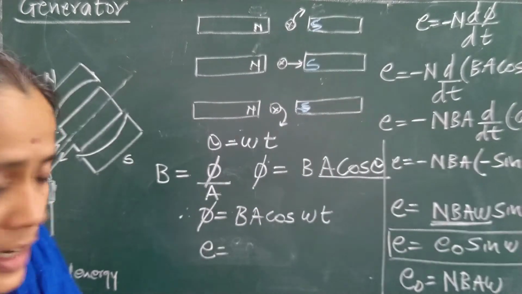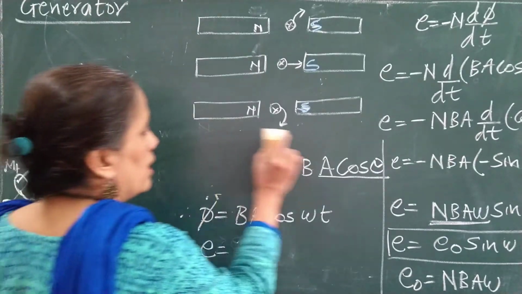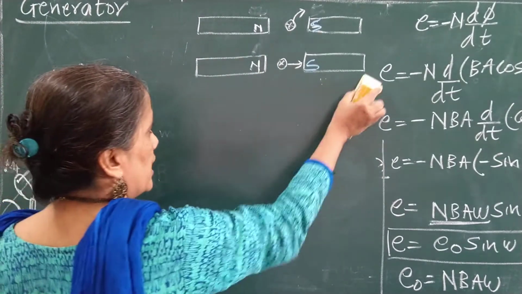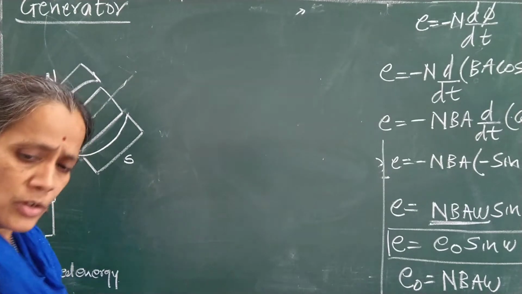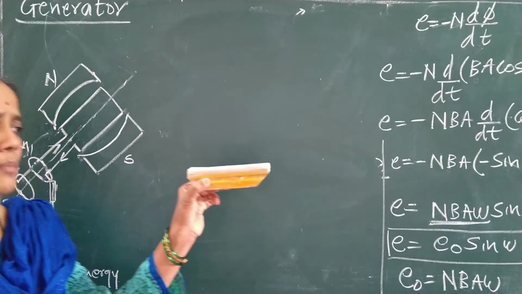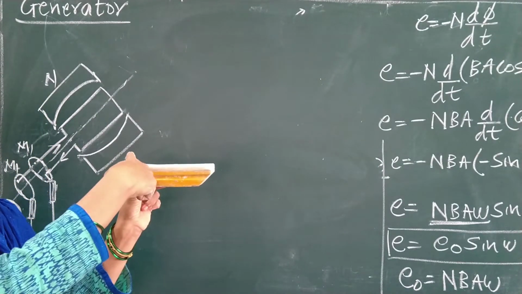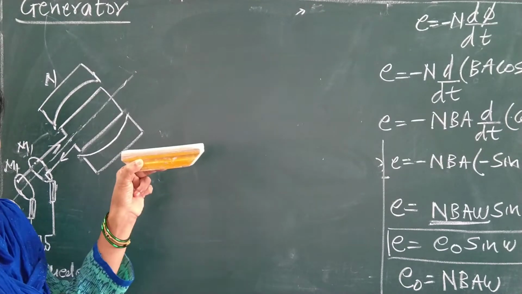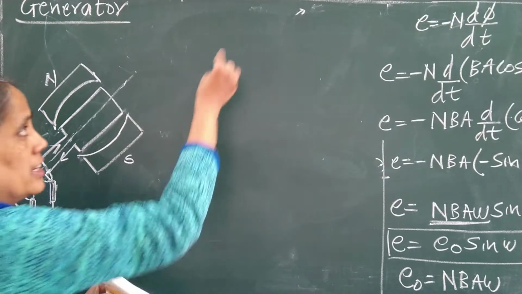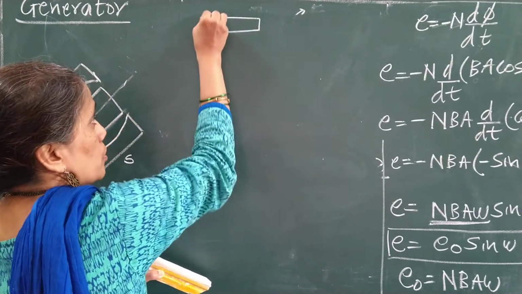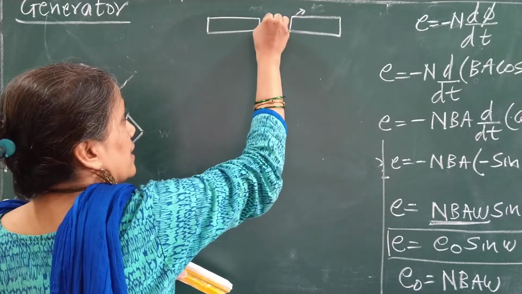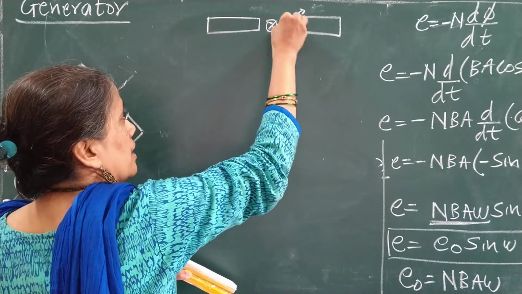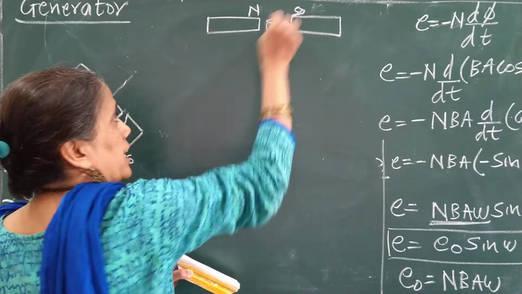Now this EMF induced in the generator has a maximum value as well as a minimum value. So again, concentrate. The coil is initially parallel to the magnetic field, as in the diagram I have shown previously. Here is your coil, parallel to the magnetic field.